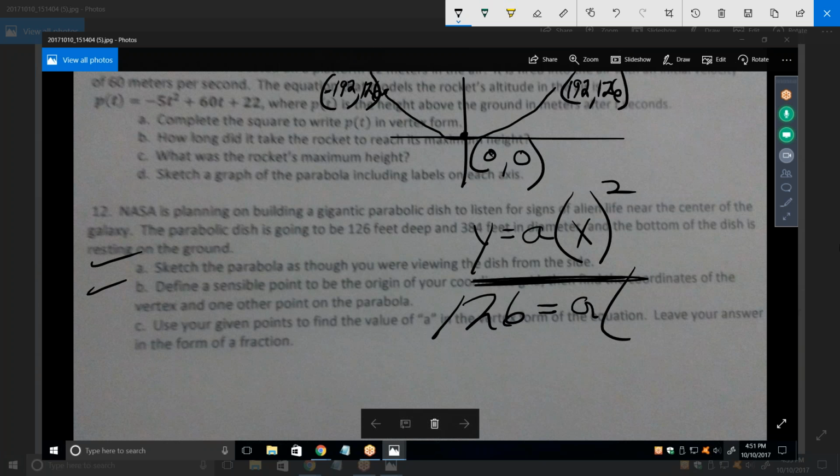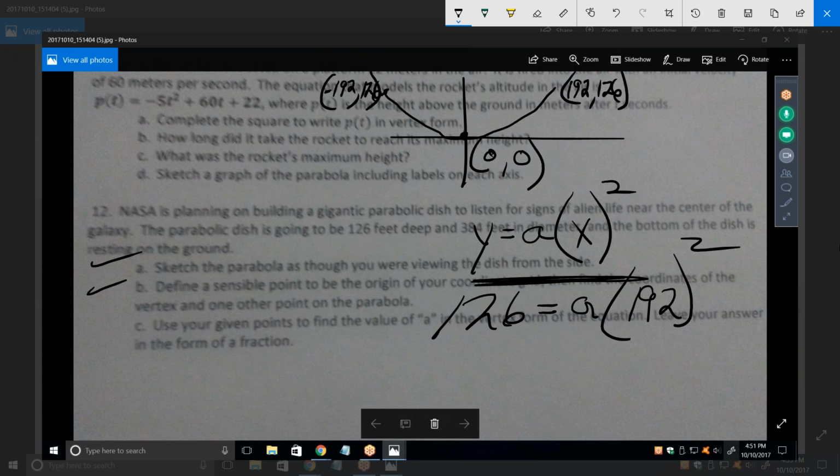Oh, what's the x coordinate? 192. Yeah, 192, not twice that. Okay. Right. And that allows us to solve for a.